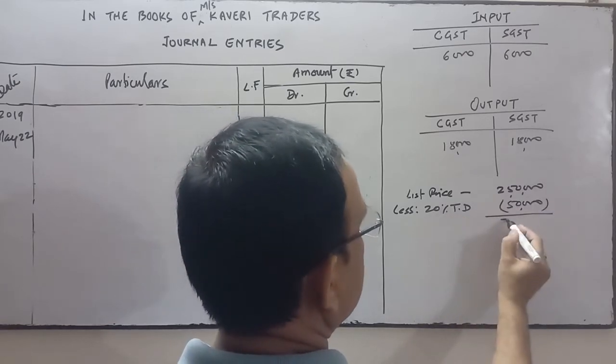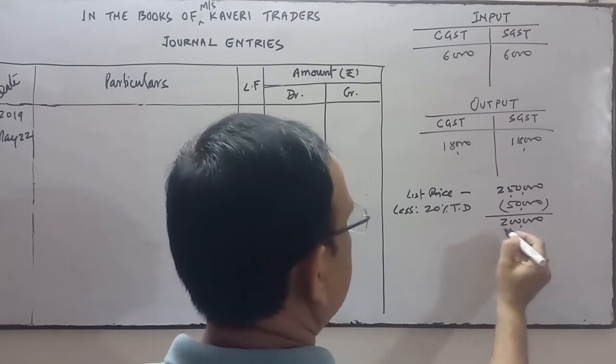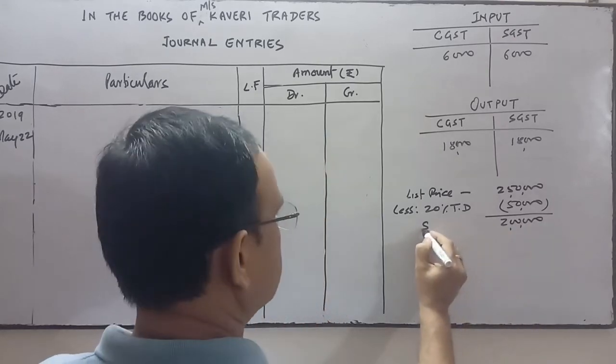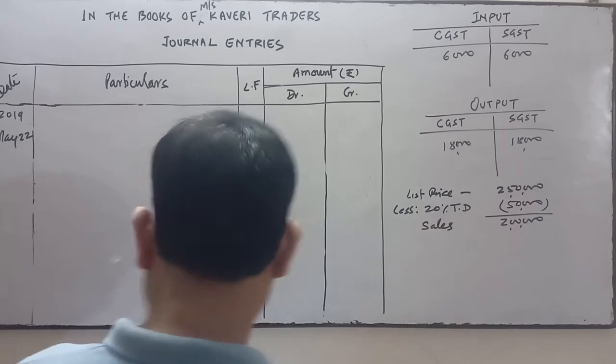After deduction of the trade discount, it is 2 lakhs. So this is the sales value.